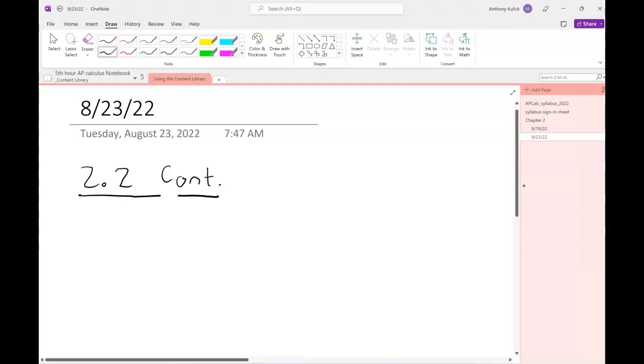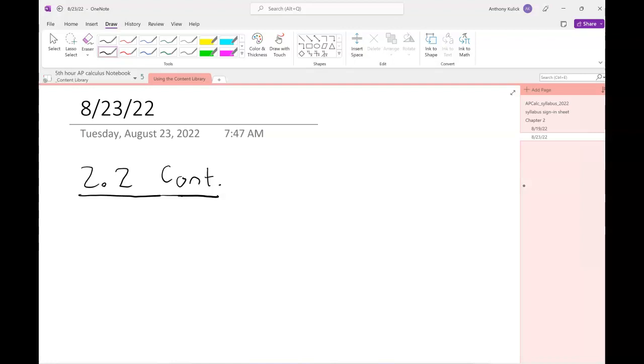So I think last place we left off, we're just looking in section 2.2, and we've been working on evaluating limits, right? And at this point, our only techniques are looking at the graph or looking at the table. Those are basically the two techniques we have to evaluate a limit.